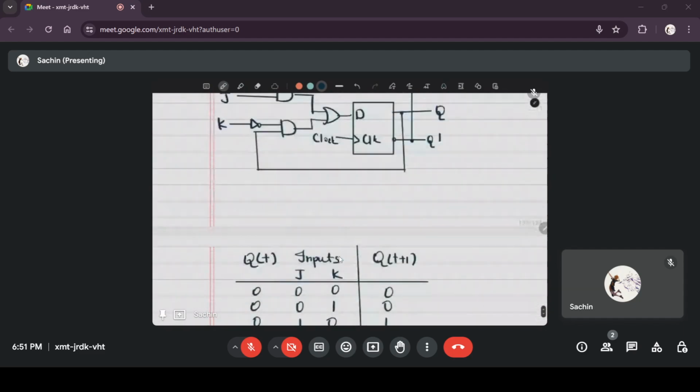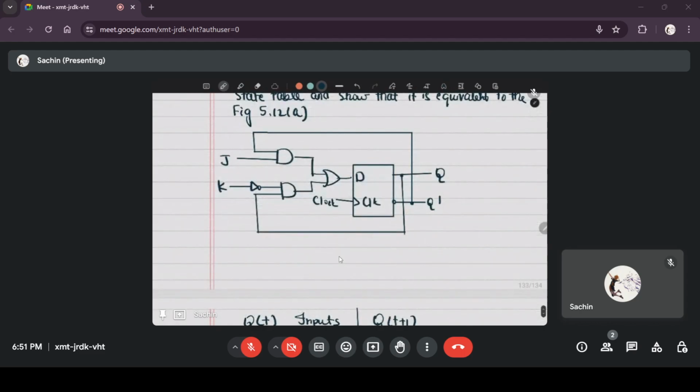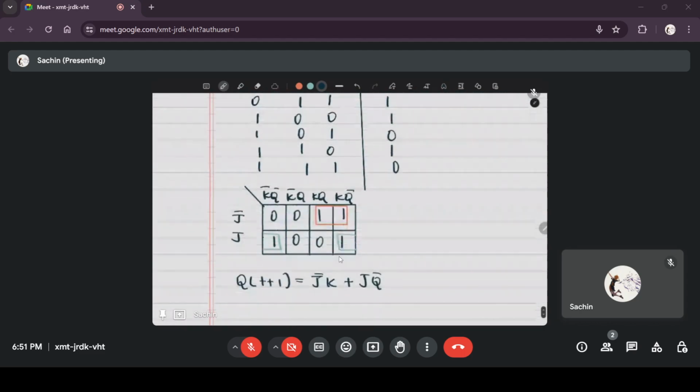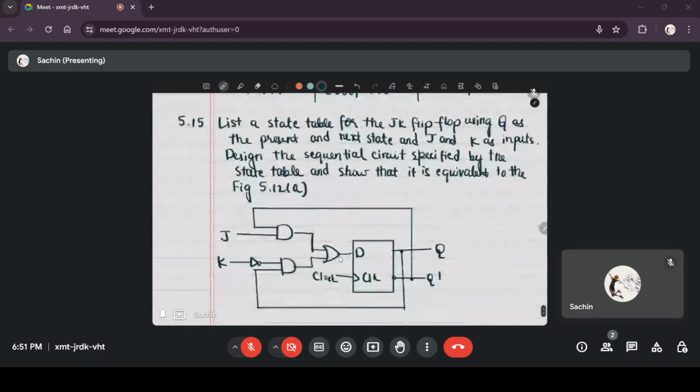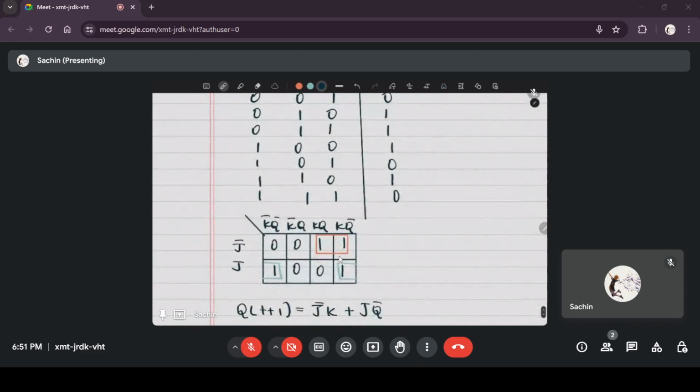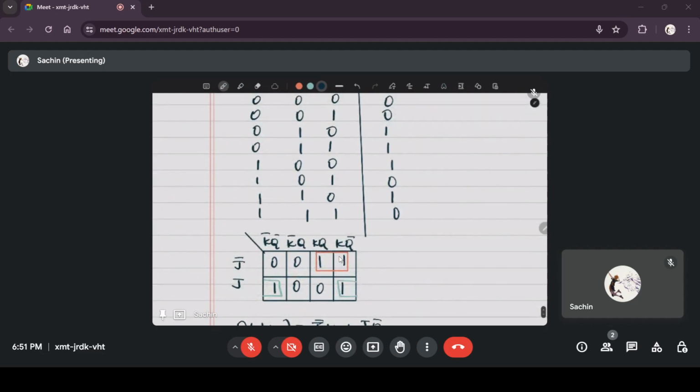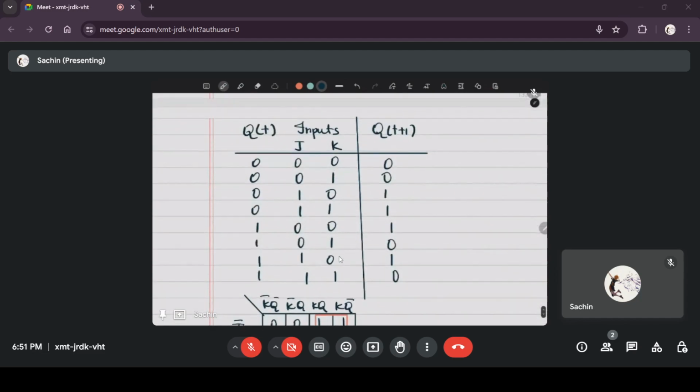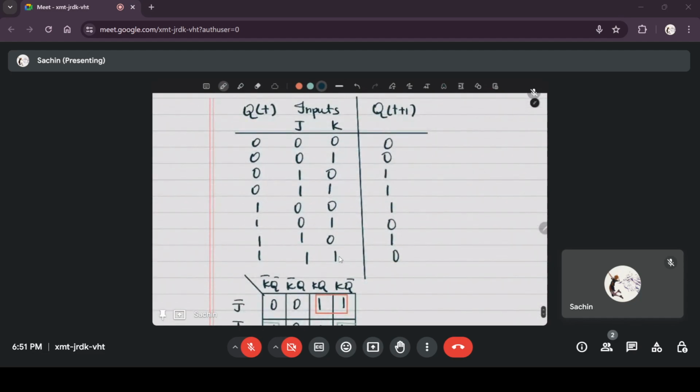And we can see that the input to the D flip flop is J bar, JQ bar plus, sorry, I might have made a mistake somewhere.